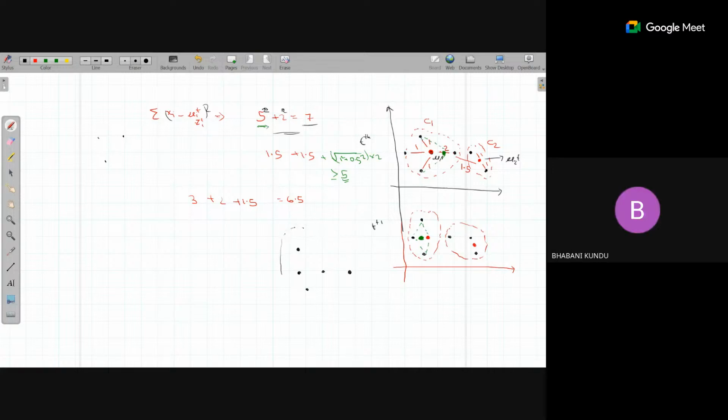So this will be your cluster. For k equal to 1, what would be the centroid? Obviously it will be the sum of all the points divided by the number of points. Let's say the centroid is somewhere here. The centroid is the mean. I'm assuming some random values here: 3, 1, 1.5 and 2.